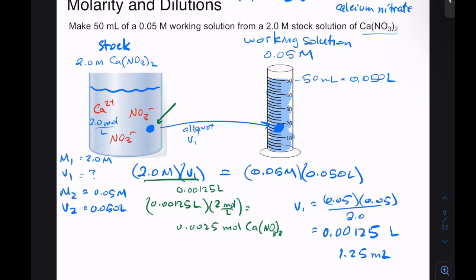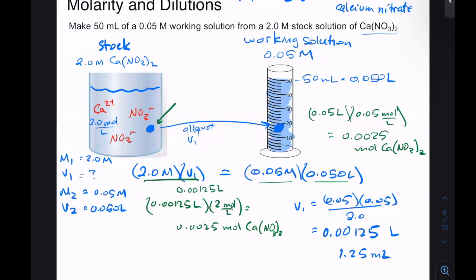But what is it if we take a look at M2 times V2, right? This is going to be 0.05 times 0.05. What do you suppose that is? 0.05 liters times 0.05 moles per liter. That also gives us 0.0025 moles of calcium nitrate. Okay, the moles is the same.